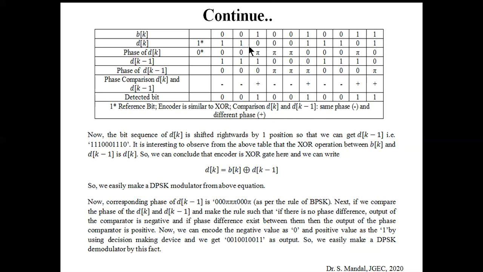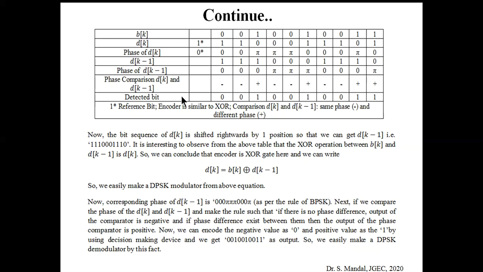So ultimately we get a bit sequence like this, 0 0 1 0 0 1 0 0 1 1, where there is positive we consider 1, and where there is negative we consider 0. It is interesting to note that bk and this bit sequence are the same. That means this is nothing but the detected bit.